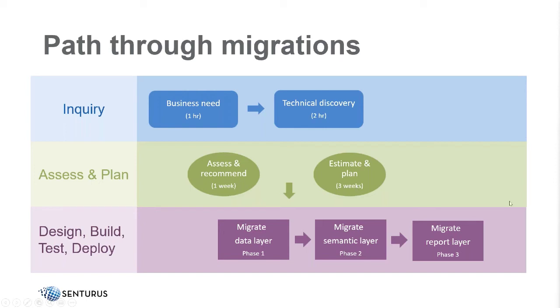where the assessment is a 1 week engagement where we run the tool and we provide you that summary view, that first page that I showed you, with a rough order of magnitude, scope, and costs. The thing I didn't show today, because we're still working on the visualizations for it, is that the Migration Assistant also does a report and model complexity scoring as an output, and that's something you can tweak.